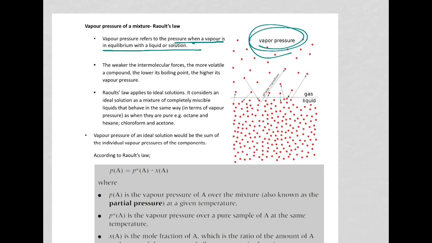Raoult's law applies to ideal solutions, and considers that an ideal solution is a mixture where the liquids, whatever number of liquids you have, behave in the same way as if they were pure. For example, octane and hexane would behave the same way as octane would on its own and hexane would on its own.